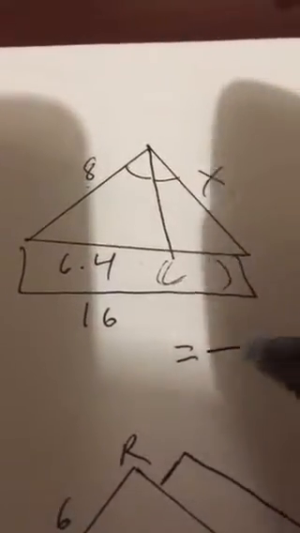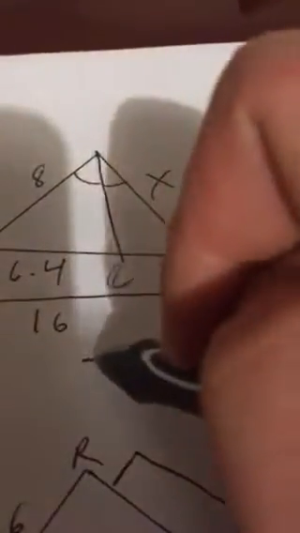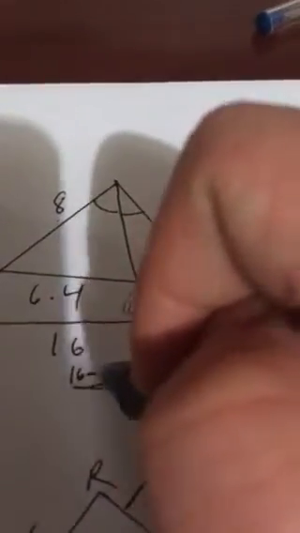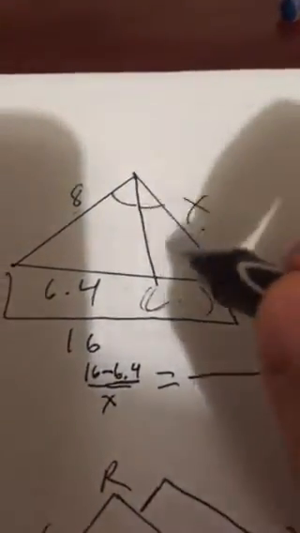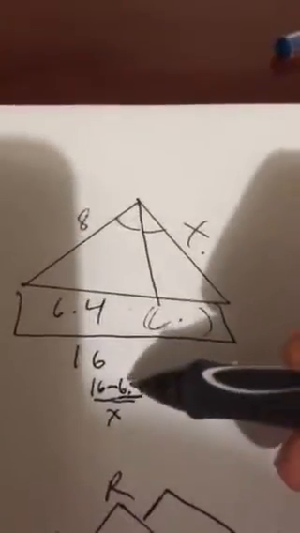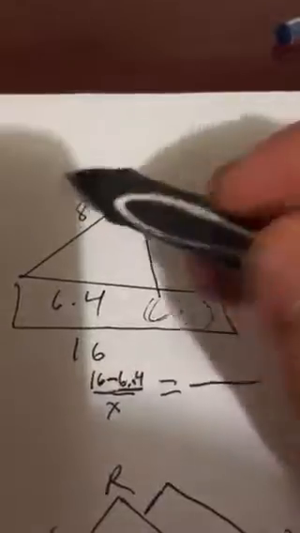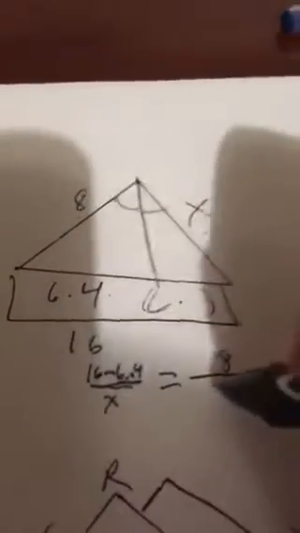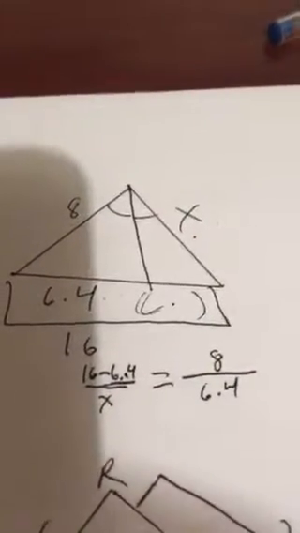You can calculate it out, okay? So my leg that touches x is my 16 minus 6.4. So I have 16 minus 6.4 over x, equals, if I did a side length on top of a leg, I better do a side length on top again, 8, and then over my other segment, which is 6.4, okay?